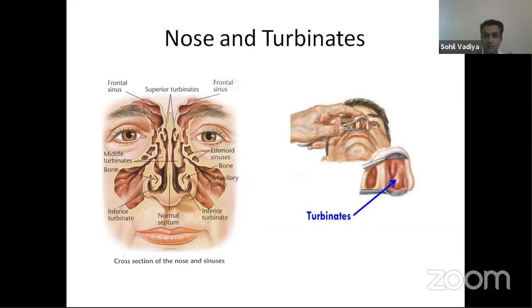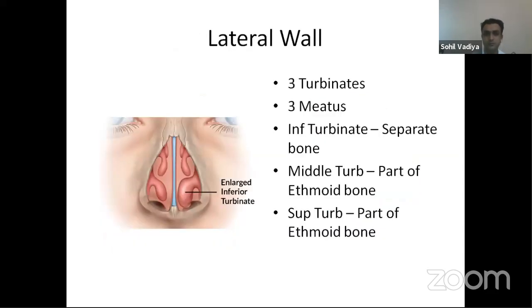It's a bunch of many air cells, and these air cells are divided into anterior and posterior groups. So anterior group of ethmoidal air cells open into the middle meatus, whereas the posterior group of ethmoidal air cells open into the superior meatus.